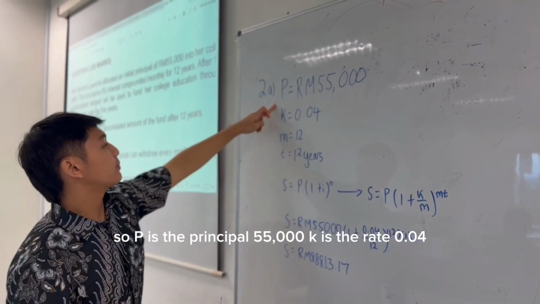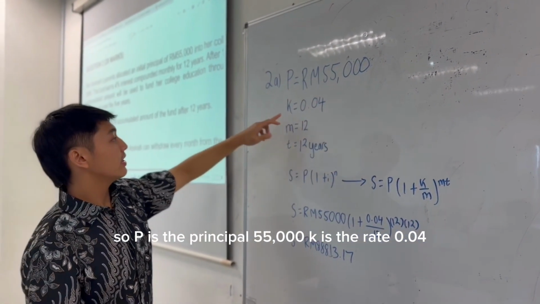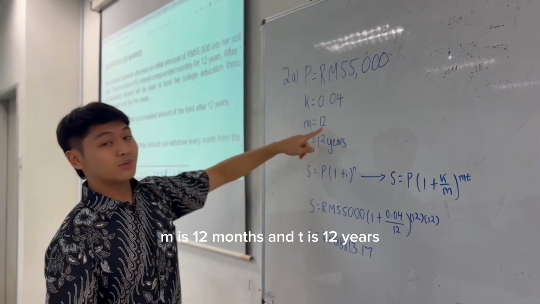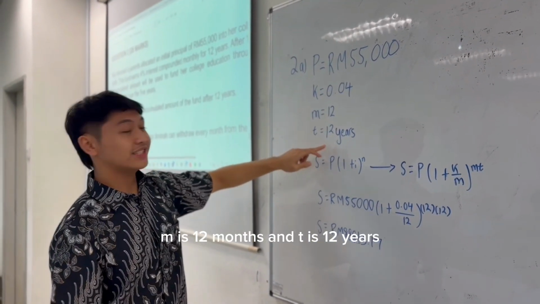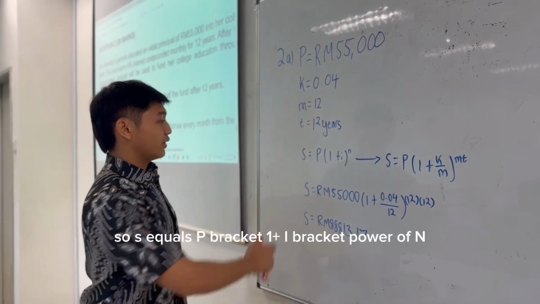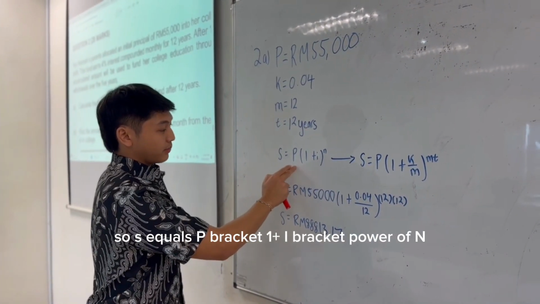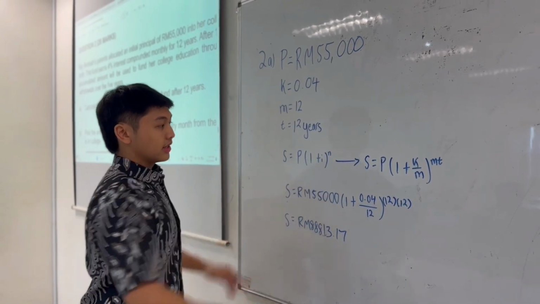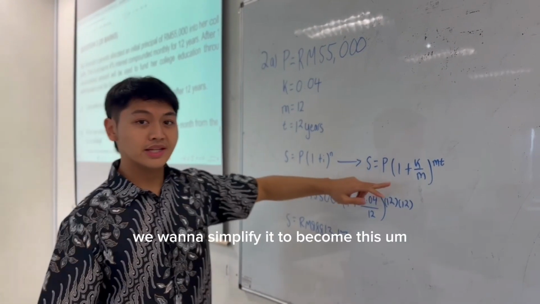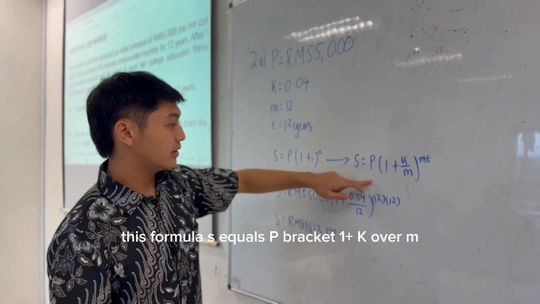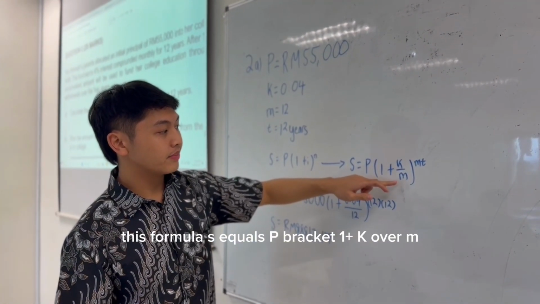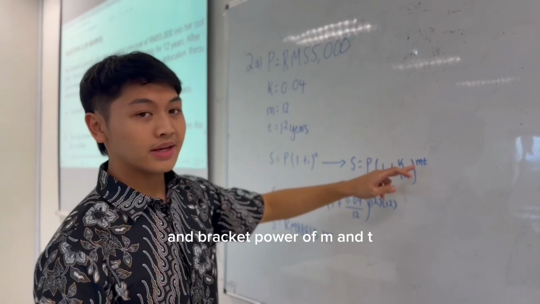Right, let's go here. So P is the principal, 55,000. K is the rate, 0.04. M is 12 months, and T is 12 years. So S equals P(1 + i)^n. We want to simplify it to this formula, S equals P(1 + K/M)^(MT).